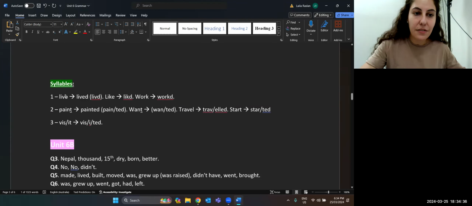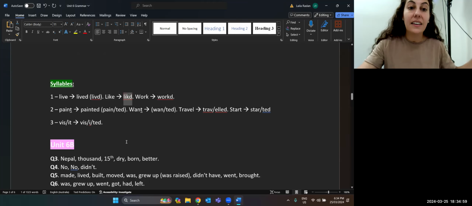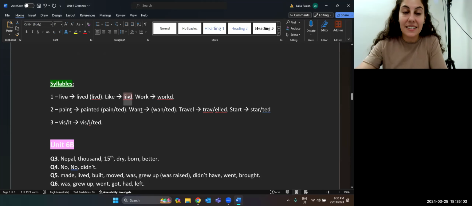If the word is live, we know that if any verb ends in an E, all you do is just add the D. It sounds like this, lived. It's like the E is silent. Like the verb to like someone or to like something, it ends in an E, so all I need to do is add a D, but the sound of it is like, d. So the E is silent, liked, lived. That's not how we spell it, but I'm just showing you the pronunciation.